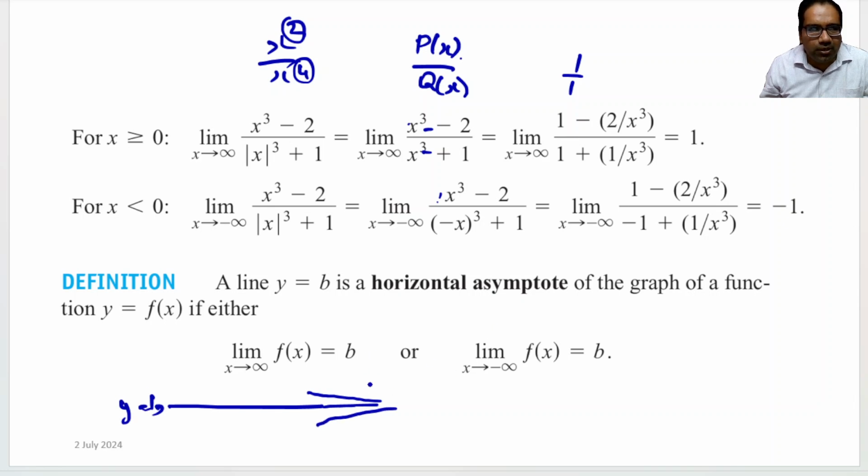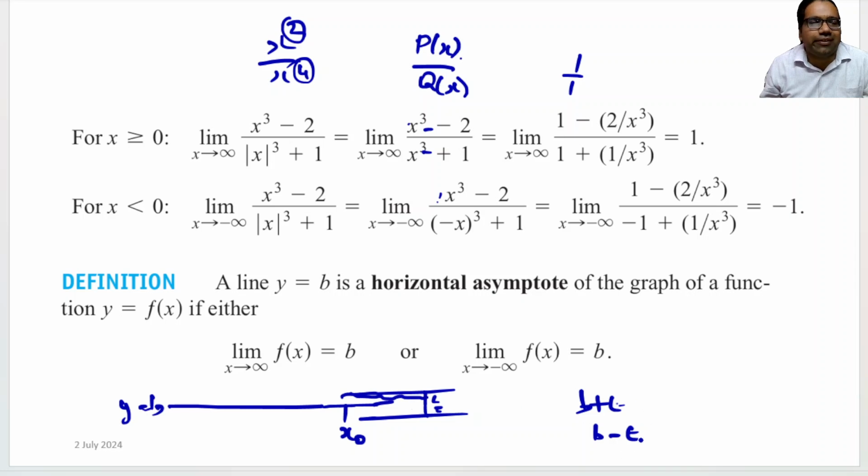And beyond a point, if we define some epsilon, plus or minus epsilon, that is b plus epsilon and b minus epsilon, then beyond a point, let's say x naught, the entire graph should lie between b plus epsilon and b minus epsilon, for whatever epsilon that we are defining.